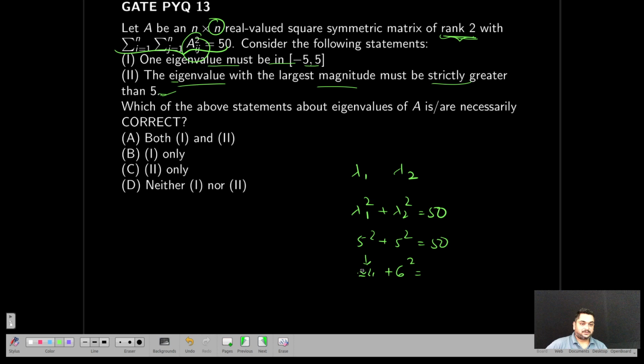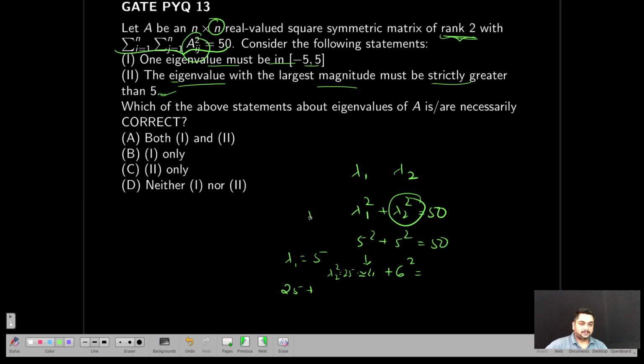But what happens if I choose lambda 1 equal to say 5, what will happen now? This will be 25 plus lambda 2 square equal to 25.